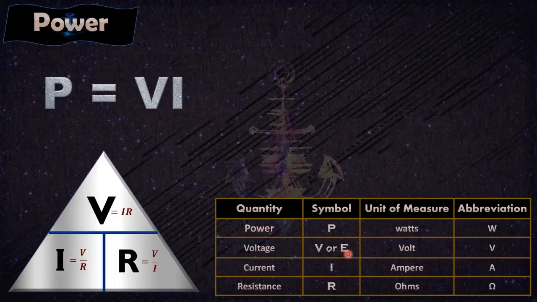SI unit for voltage is volt, and abbreviation for volt is V. So maglibog niya ta nga duha ang V nga symbol. So naay times gamito nako si E as the symbol for voltage. Current is I, and SI unit is ampere. Symbol, abbreviation of the SI unit is A.